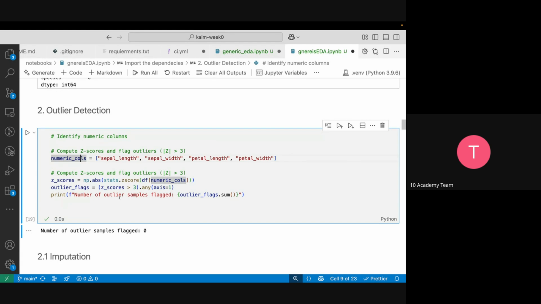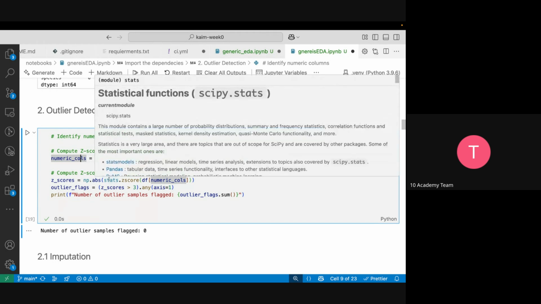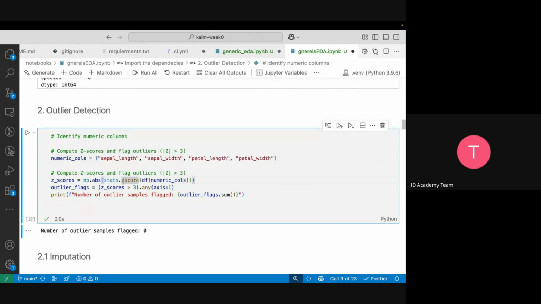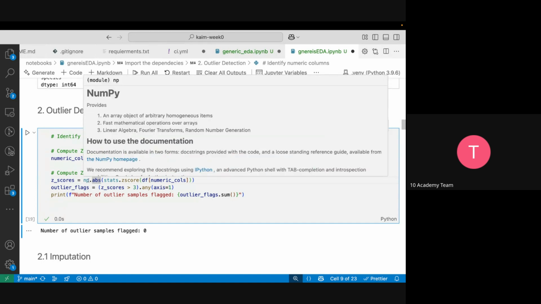So from the start, we are going to call the z-score method, and we're going to use the absolute value method from NumPy in order to find the absolute z-score. As I've explained earlier, if the absolute value of the z-score is greater than 3, it's automatically flagged as an outlier.